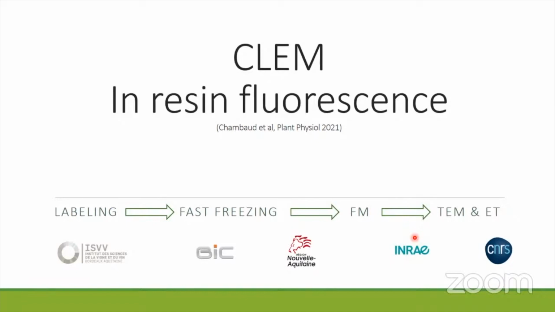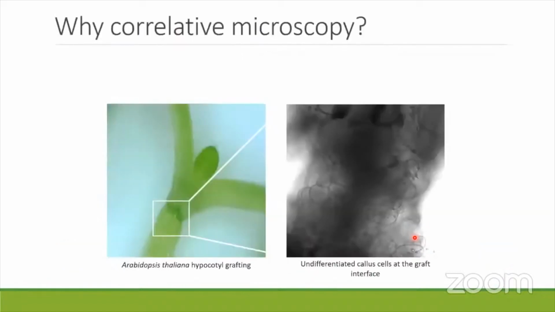Okay, so hello everyone. I will do a quick introduction about why correlative microscopy. The previous presenter has already explained, but in our project we were grafting Arabidopsis, and when we graft Arabidopsis, it forms a bunch of undifferentiated callus cells.